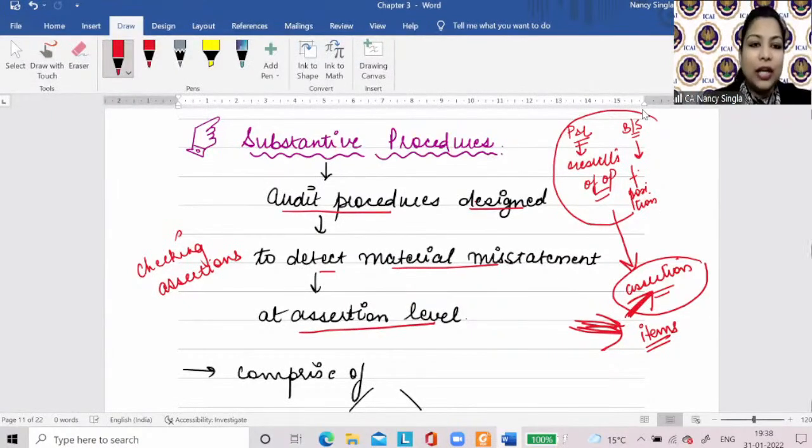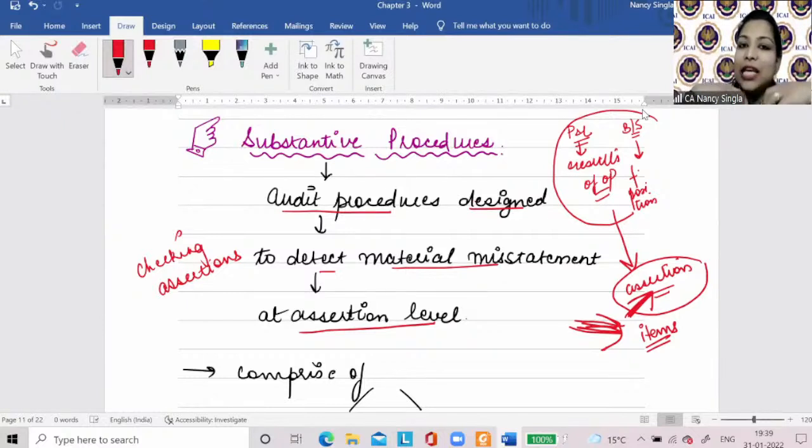There cannot be any audit procedure at the financial statement as a whole after which the auditor is able to be sure as to whether the financial statement reflects a true and fair view. Yes, we have to give an opinion on the financial statement as a whole. Charu, now listen to this. This was your doubt.